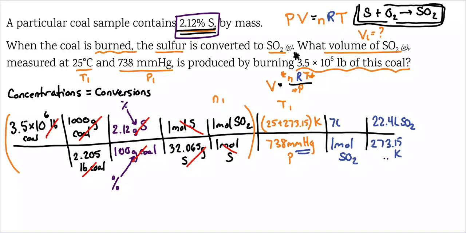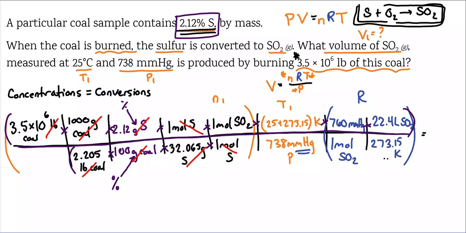And standard pressure is equal to 1 atmosphere or equivalent. Since this has been using millimeters of mercury, we're going to go ahead and put in 760 millimeters of mercury. This will allow millimeters of mercury to cancel, Kelvin to cancel, and moles to cancel. It will leave liters, which is what we desire, of sulfur dioxide.